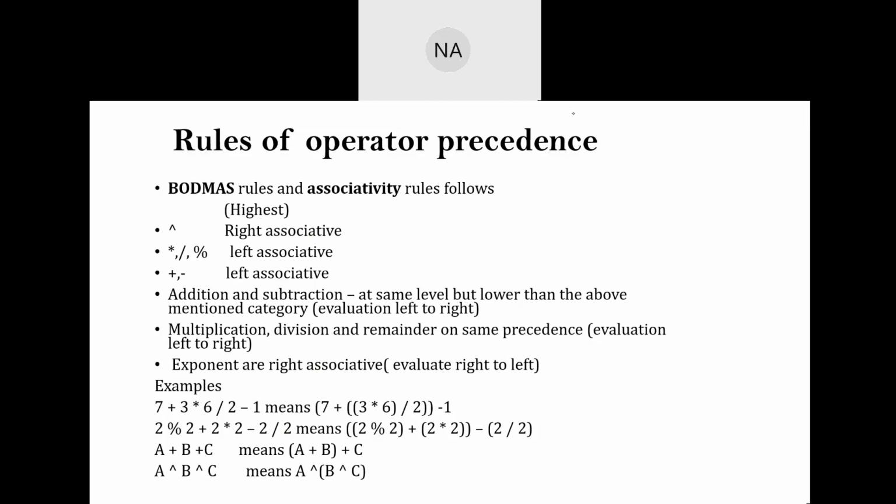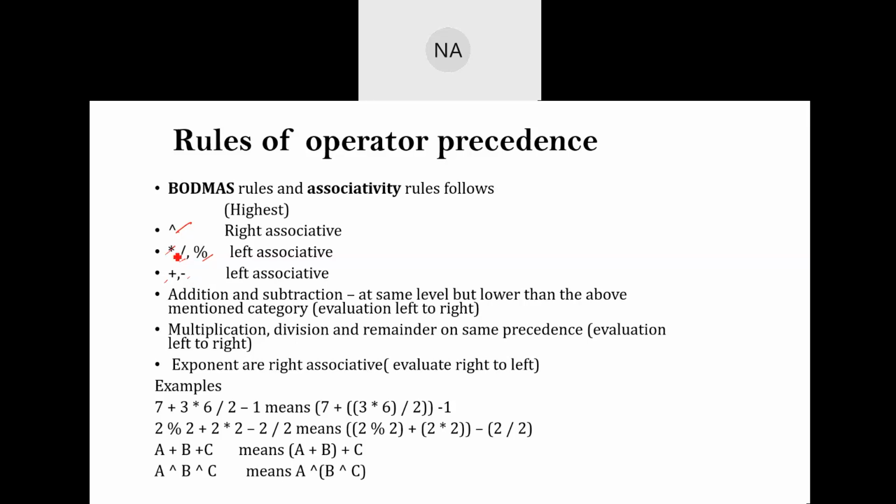In the next slide, the normal mathematical operators are listed. This is for exponentiation, then we have multiplication, division, and the modulo or remainder operator. Then we have plus and minus, sum and subtraction. Exponentiation has the highest precedence among these operators.